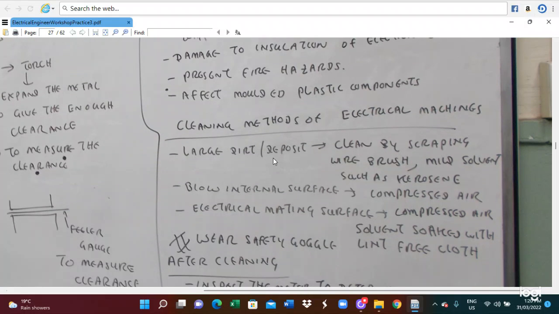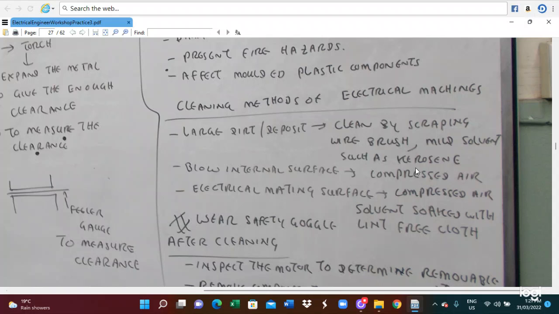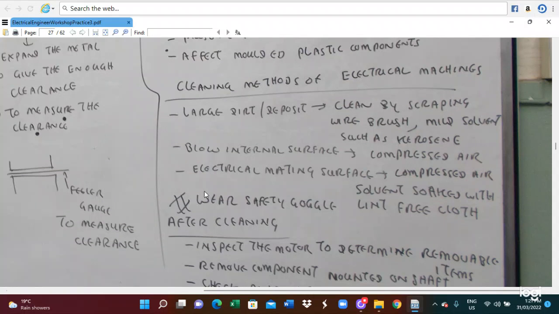For the cleaning methods of the electrical machine, a large deposit needs to be cleaned by scraping with a wire brush or a mild solvent by using a brush, and also blowing out the internal resistance. We utilize compressed air for the electrical machine survey.